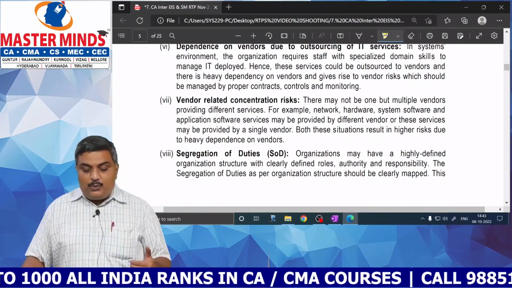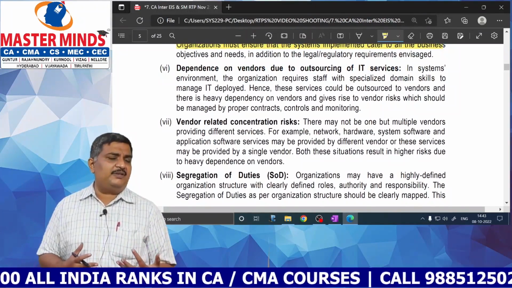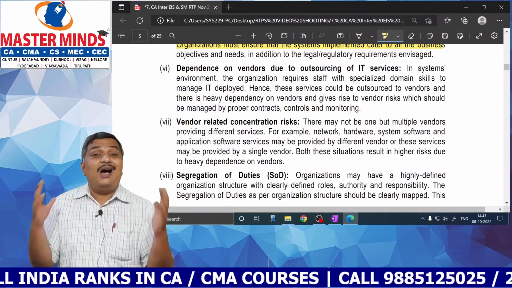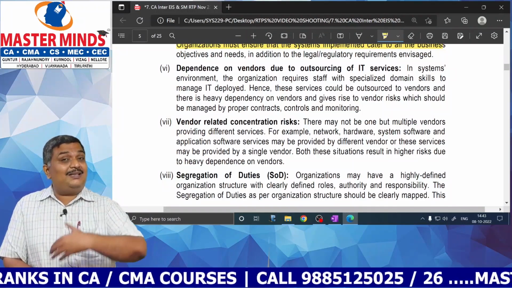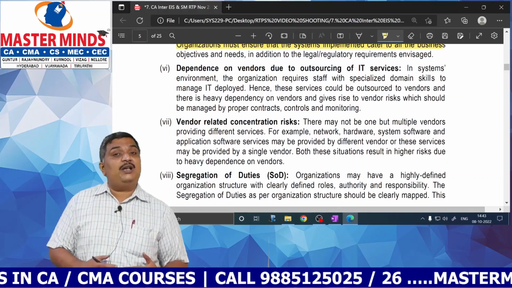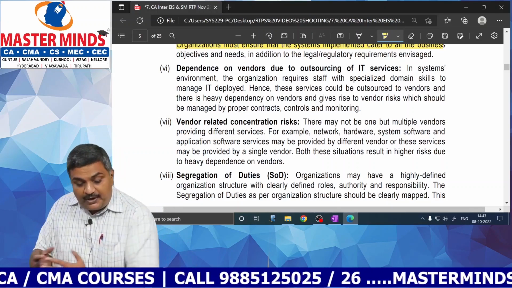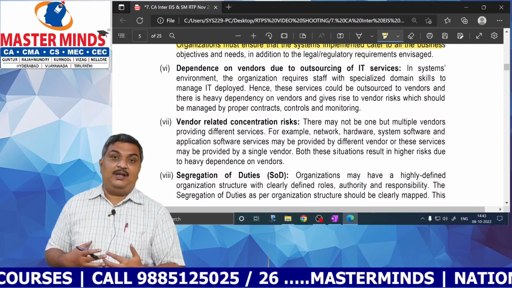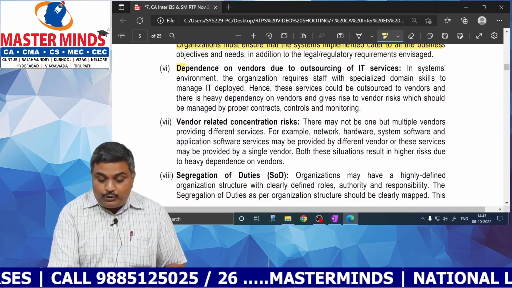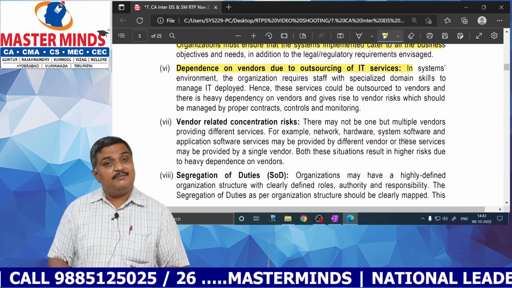And dependence on vendors due to outsourcing of IT services. Now what can we do? There is no other alternative left to us. In order to mitigate the risk, in order to transfer or share the risk, we need to outsource the operations. We need to get the things from different vendors. And definitely that may prove to be a biggest risk to us.